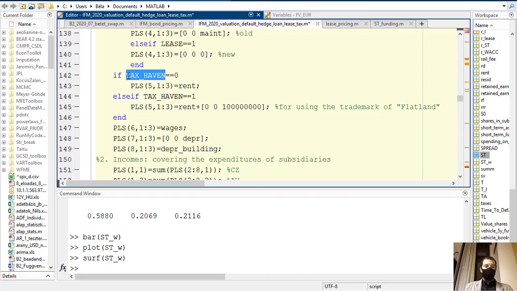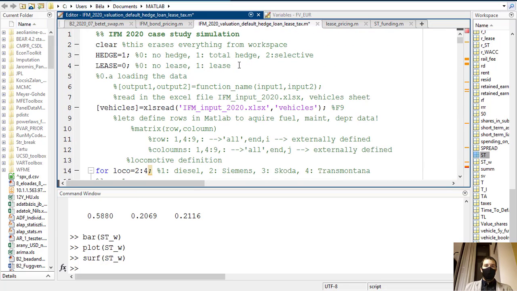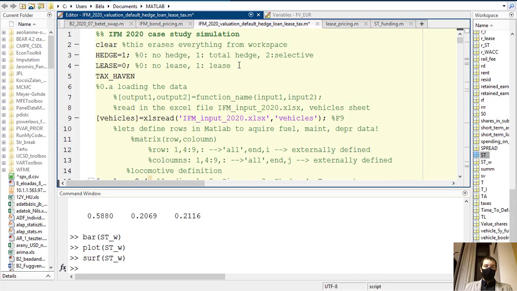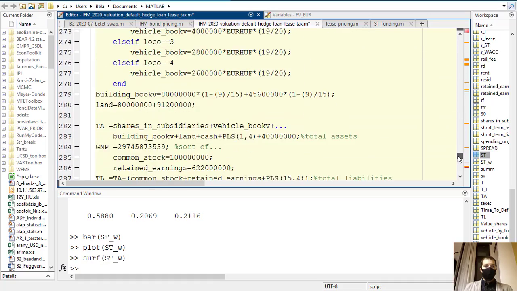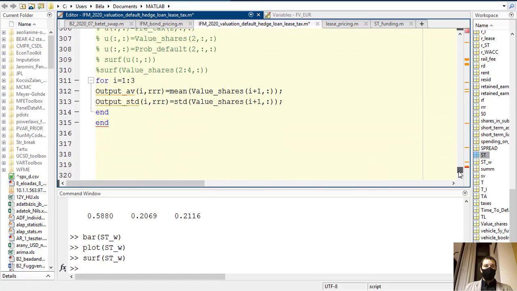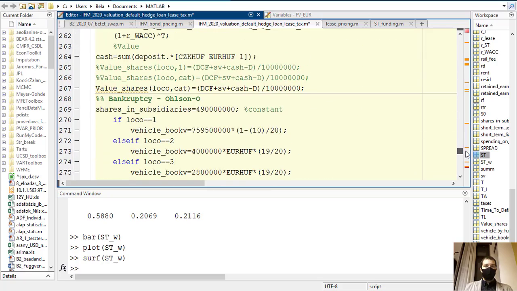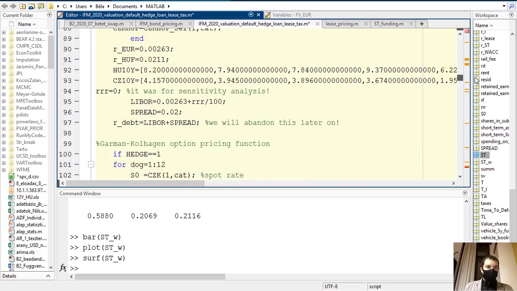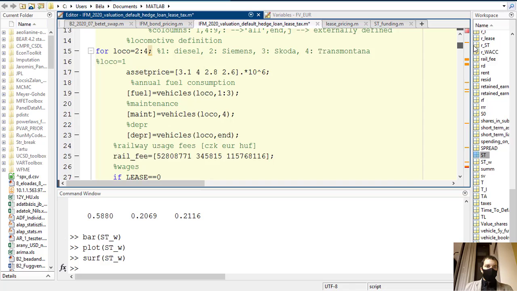Okay, now we have to define the tax haven switch. So let's turn this thing on, and I would like to see what is happening with the value of shares. And right now we are using only the profitable locomotives.